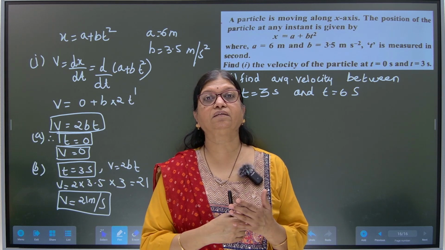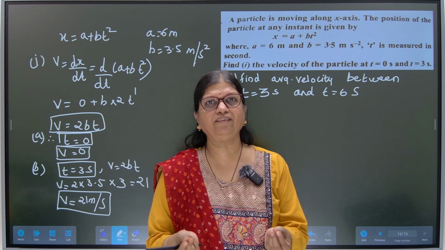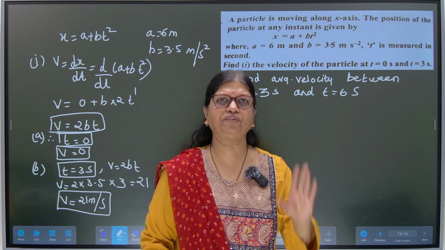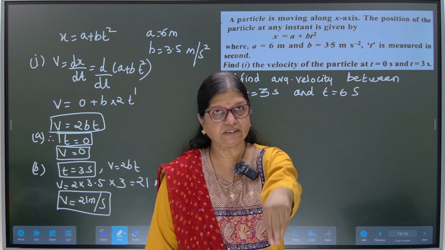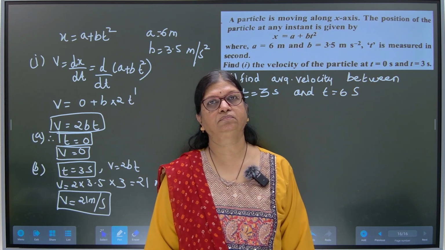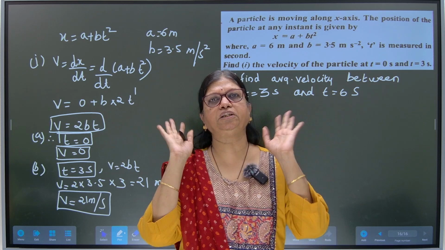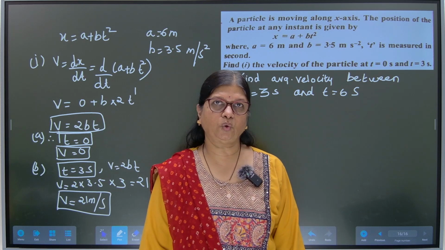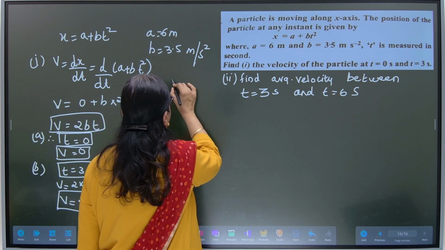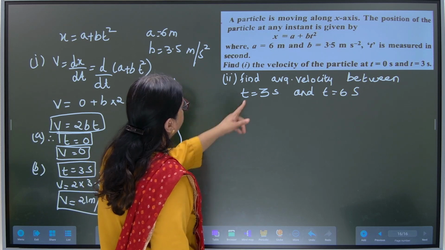Correct? So I already said, don't worry about the a and b. We'll look at it afterwards in the last. First differentiation you do. Whatever is available, substitute. Done. Okay. Now we'll go to bit number 2. What is bit number 2?